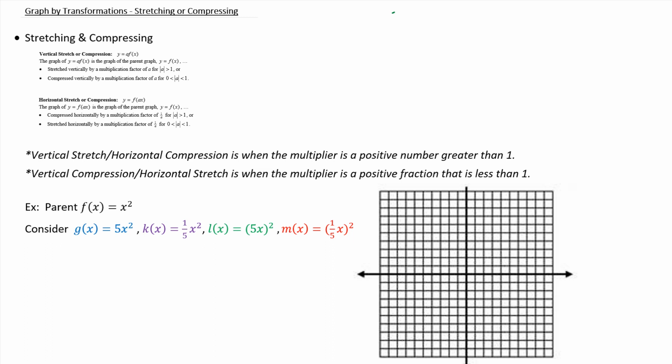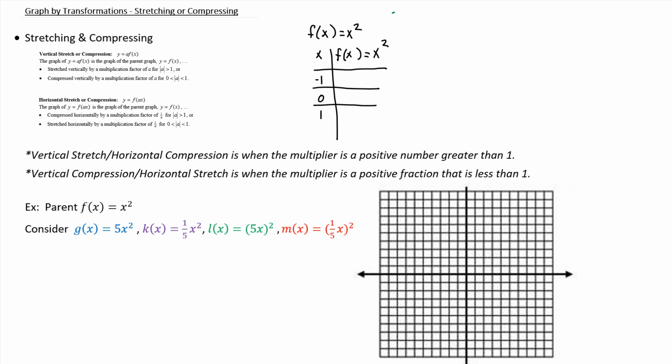The parent function is f of x equals x squared. We just graph our parent functions point by point, and you probably have these functions down from your library of functions in 2.6. You want to pick a negative value, your vertex, which is at 0, and a positive value. So I usually pick -1, 0, and 1.